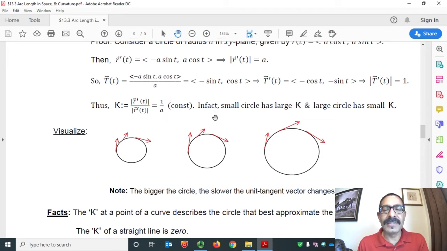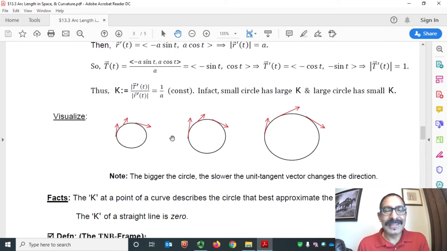In fact, a small circle has large curvature and a large circle has small curvature. Let me visualize here. There are 3 circles: a small circle, then bigger, then the biggest.